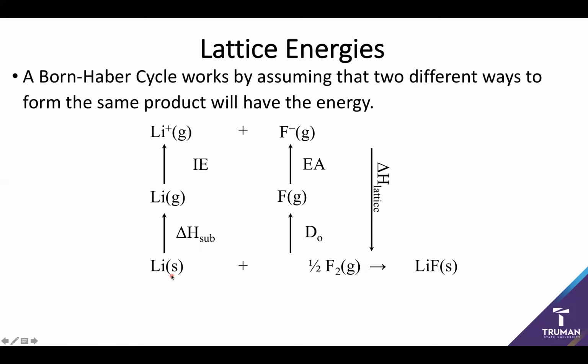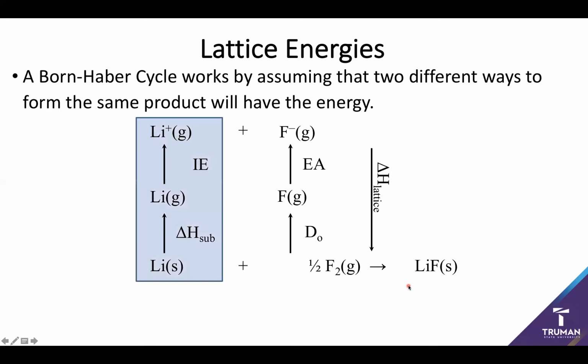I could either take lithium and fluorine gas and combine them to make the solid, or I could take that lithium solid, turn it into a lithium ion gas, split apart my fluorine and ionize it, then recombine them using the lattice reaction to generate the solid. Both of these pathways should be the same.